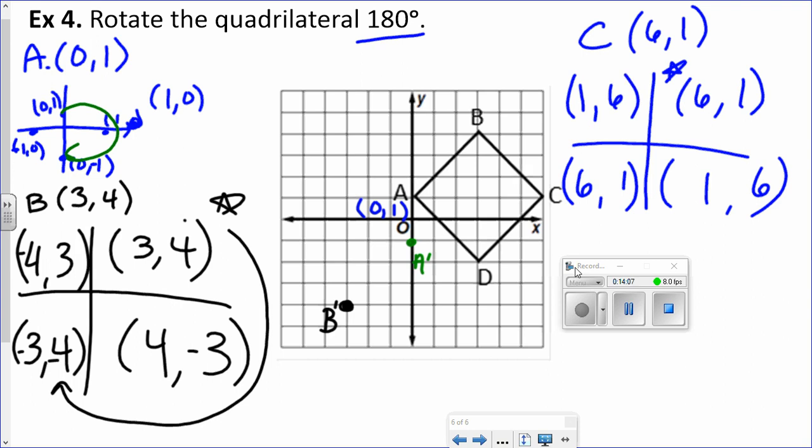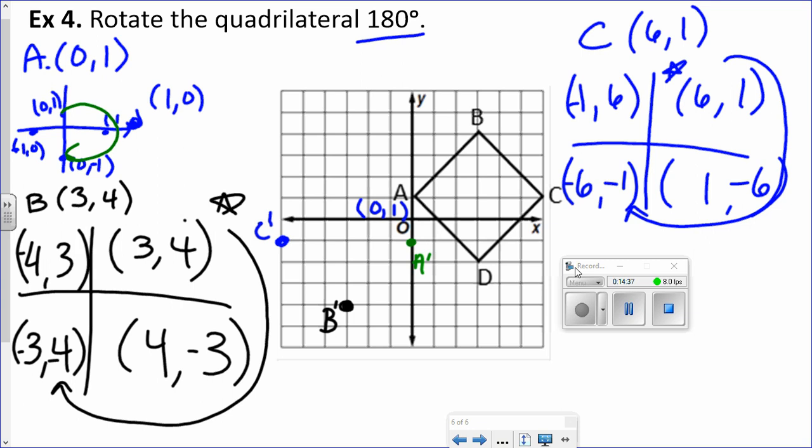And now put your appropriate sign. So this was 6, 1. So this down here should be a positive, negative. Over here should be a negative, negative. And over here should be a negative, positive. So there are your ordered pairs. And so we have to take 6, 1 and go 180 degrees. We should be at negative 6, negative 1. And so right here should be C prime.